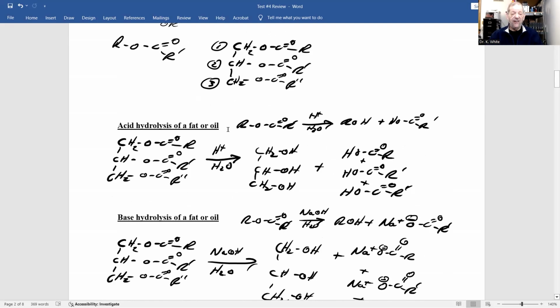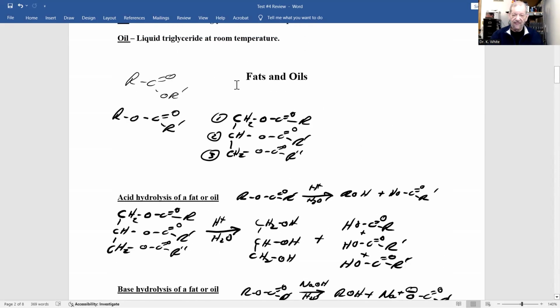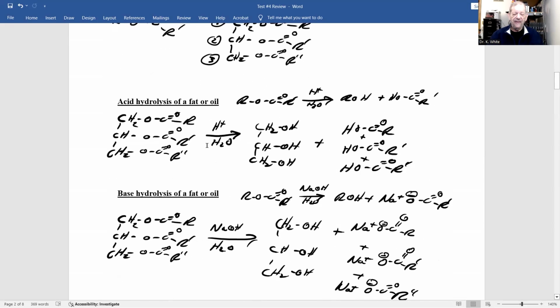If you have acid hydrolysis of a fat or oil, that's what happens in your stomach. We take an ester, acid, and water, H plus water, get back the alcohol and the carboxylic acid you would have used to make that ester. So if I take this triglyceride, any fat or oil, and the R groups can be the same or different.